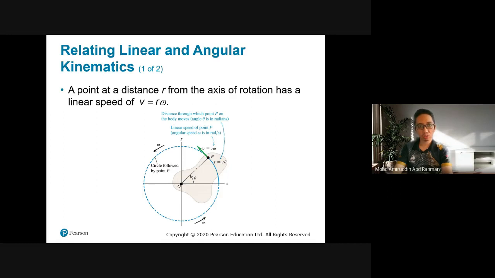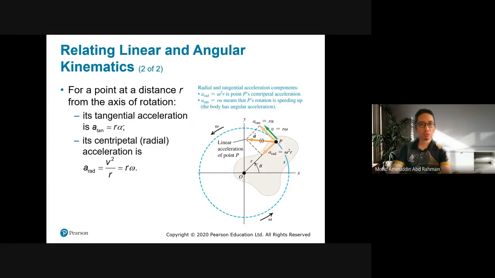Of course, v increases depending on omega. So you note that v is the linear motion, which is the multiplication of r with omega, the angular velocity.